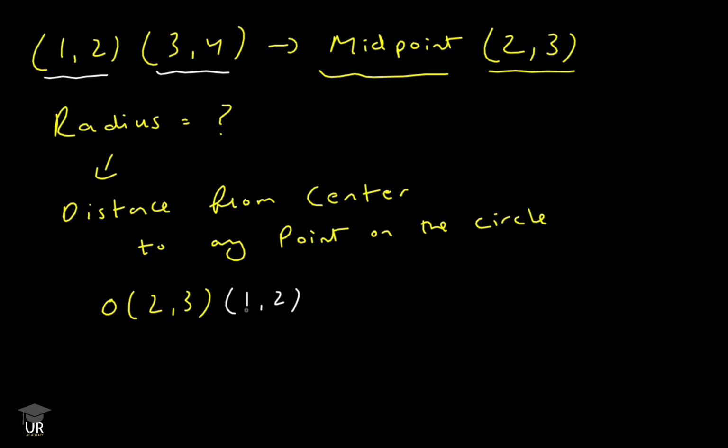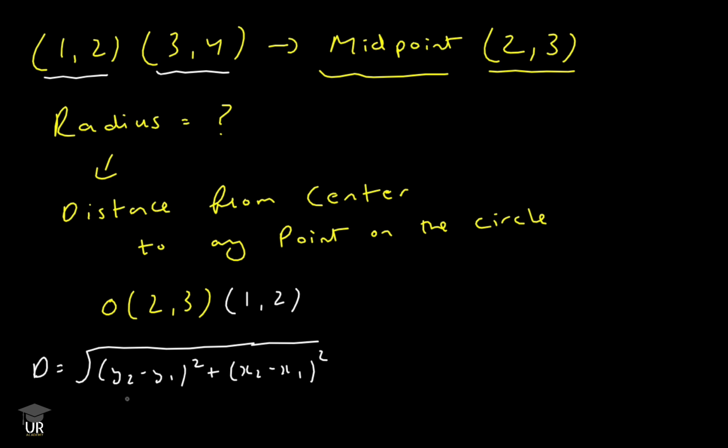Now in order to find the distance, the formula for the distance between any 2 points is the square root of y2 minus y1 square plus x2 minus x1 square. So this is the formula for the distance between any 2 coordinates.